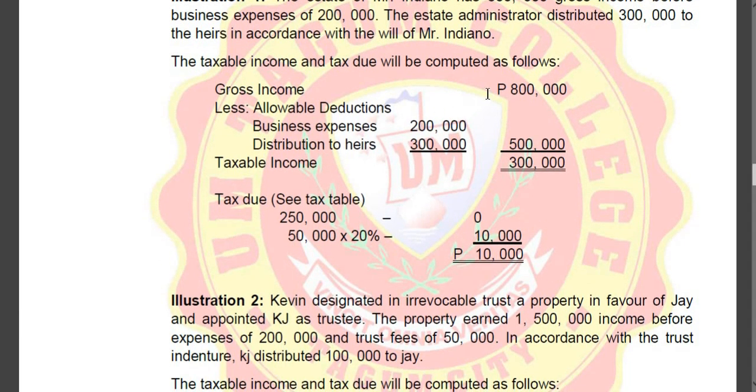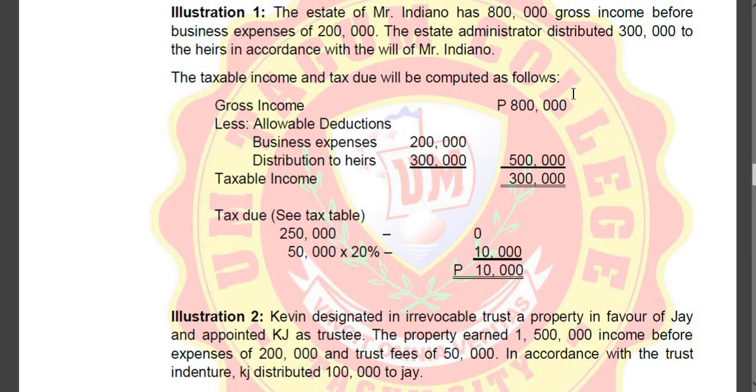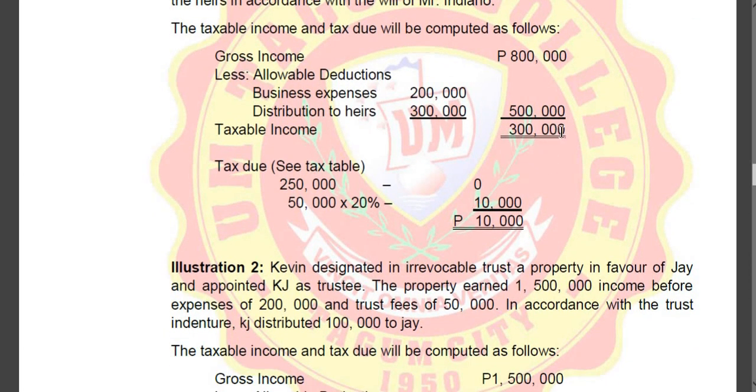To compute the gross income of the estate, 800,000 less the business expenses of 200,000, less the 300,000 special item of deduction, which is the amount distributed to the heirs. So the total deduction is 500,000. 800,000 minus 500,000, then your taxable income is 300,000.